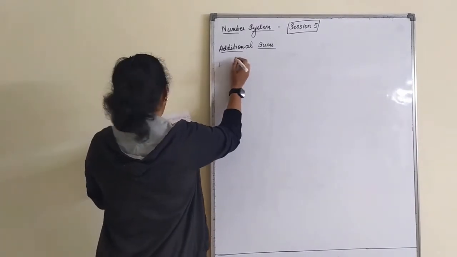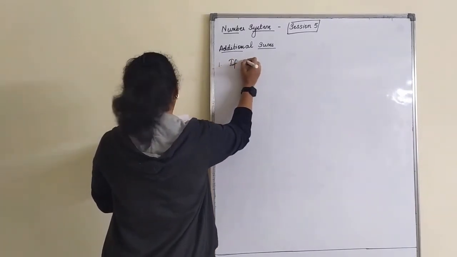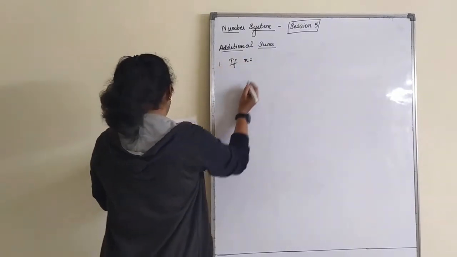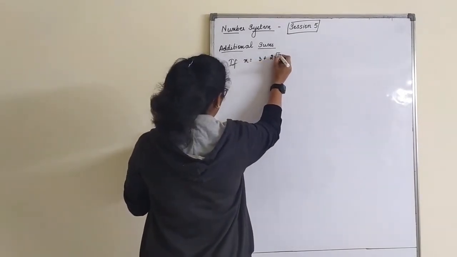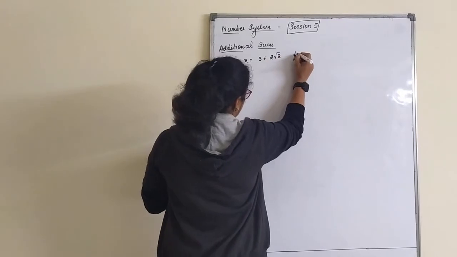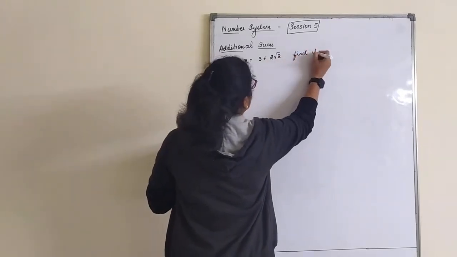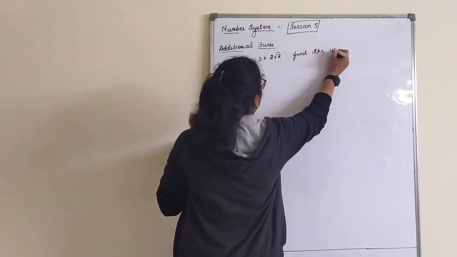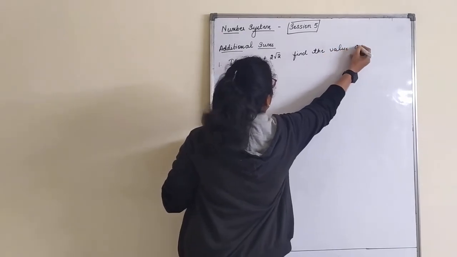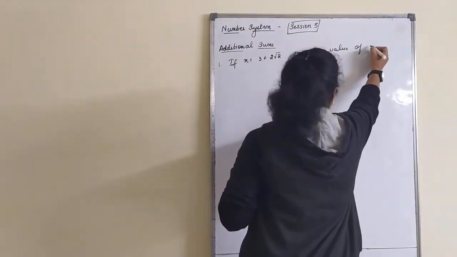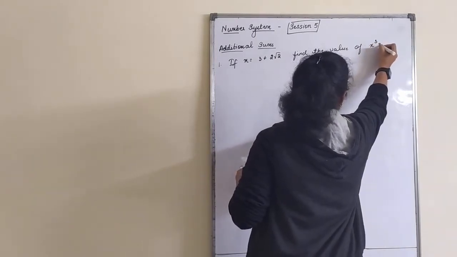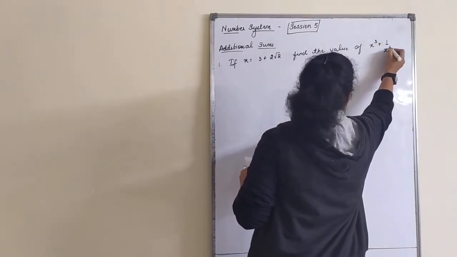First one: if x is equal to 3 plus 2 root 2, find the value of x cube plus 1 by x cube.